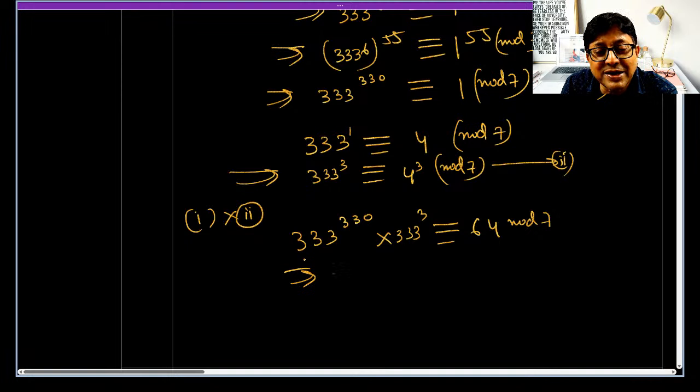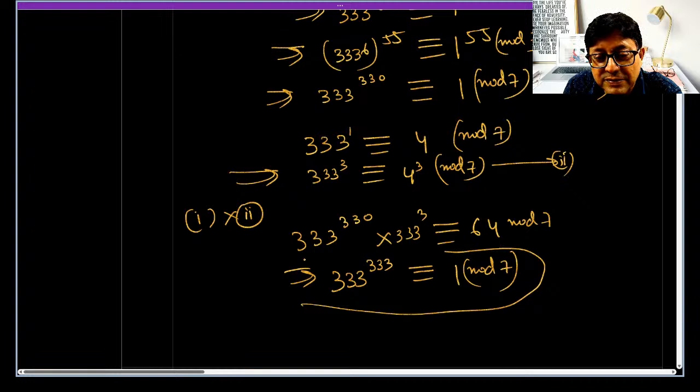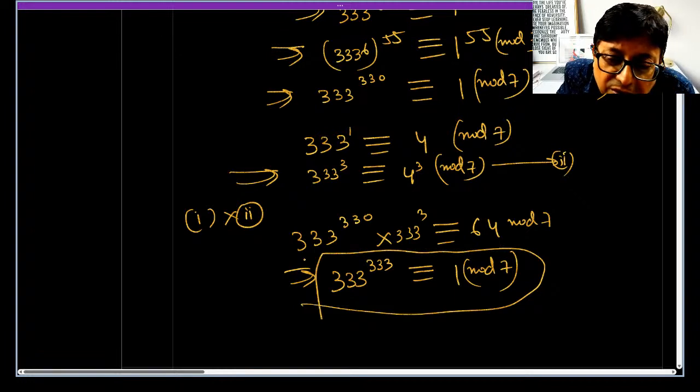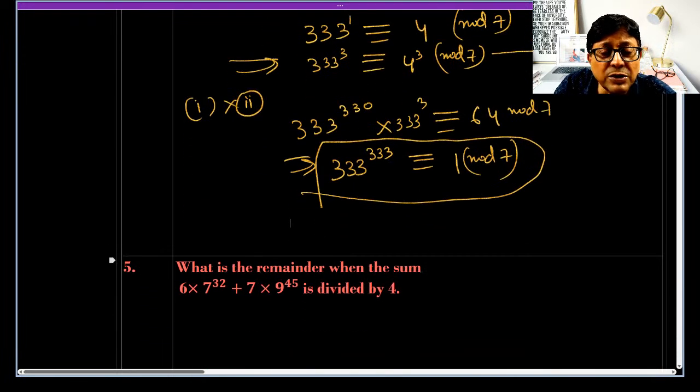So this implies, isn't it, the answer is this. This is congruent with 1 mod 7. When divided by 7, it will leave us the remainder 1. Clear? Hope you have understood.